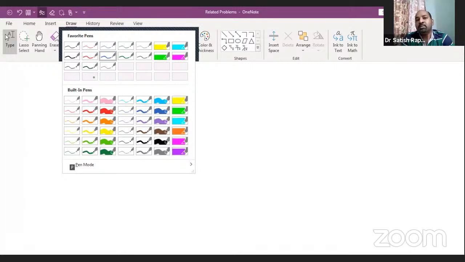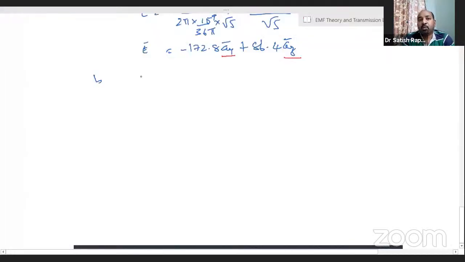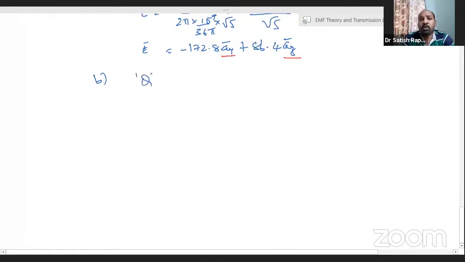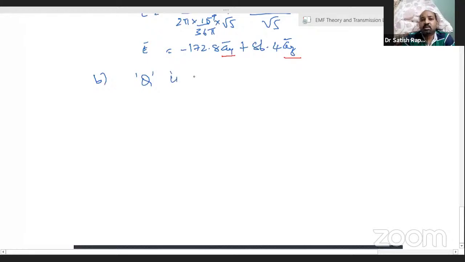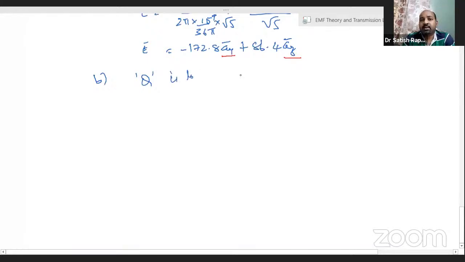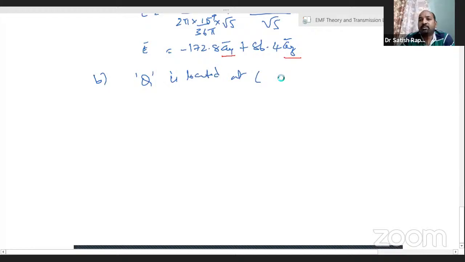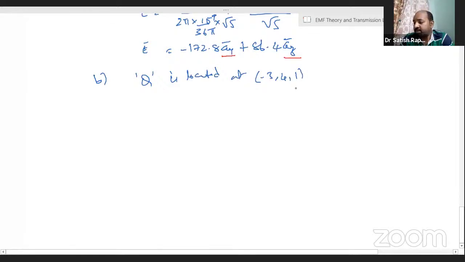Right. So now in part B, a point charge Q, we don't know what Q is. We don't know whether it is 1 millicoulomb or 2 millicoulomb or how much the value is, right? It is located at (-3, 4, 1).